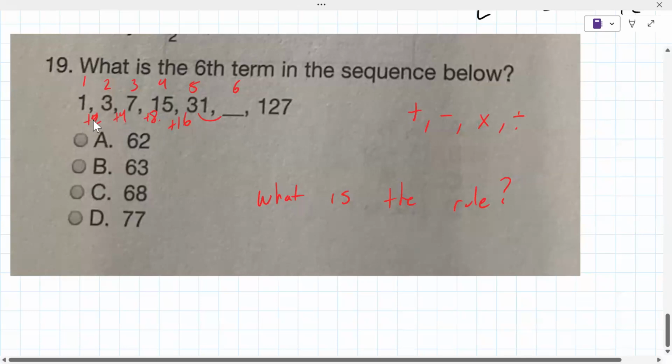All right. You see that you're doubling each time. 2 to 4 is double, 4 to 8 is double, 8 to 16 is double.